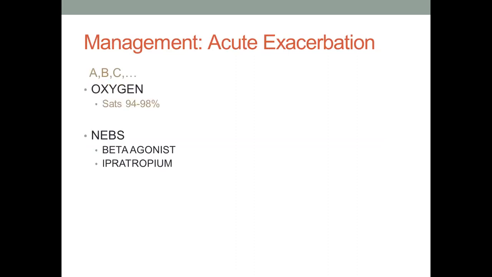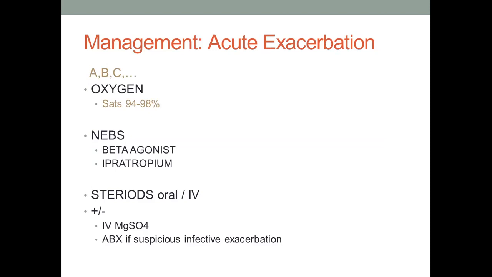Now we'll discuss the management of acute exacerbation. Here a mnemonic is used, which is SOSA. S stands for salbutamol, O for oxygen, the other S is for steroid, and A for antibiotic, which is plus minus.